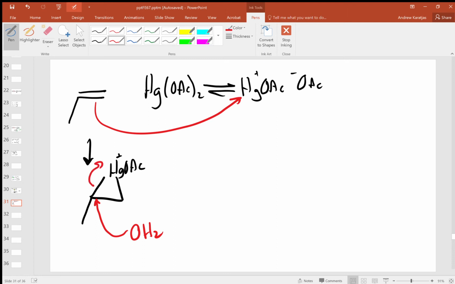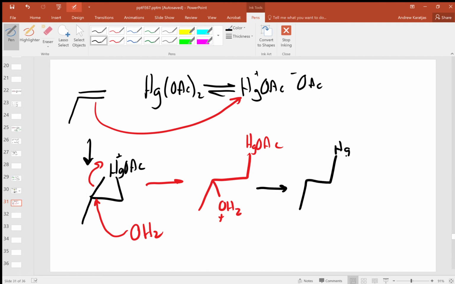That opens up the three-membered ring like this, and we end up now with the oxygen on the more substituted carbon. That oxygen then very quickly loses a proton to become the alcohol.